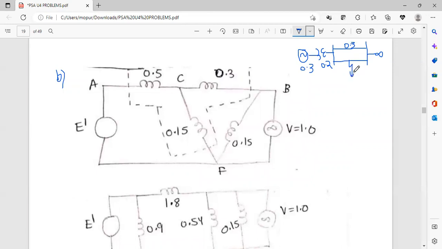So when the fault occurs at this point, the total is 0.3, so this will be 0.15. This will be 0.15. Similarly, this will be 0.15.